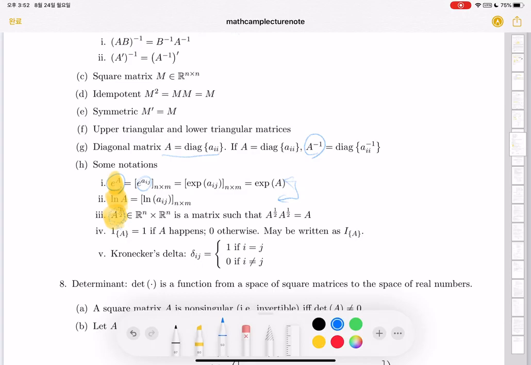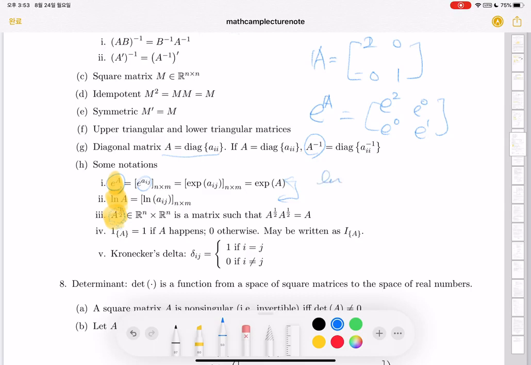So e to the power A, when A is the matrix 2, 0, 0, 1, means the matrix with entries e to the power 2, e to the power 0, e to the power 0, e to the power 1. Okay, it's just a notation for this matrix.